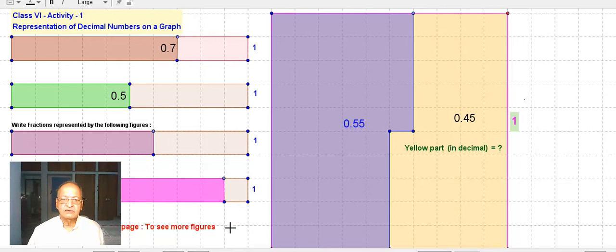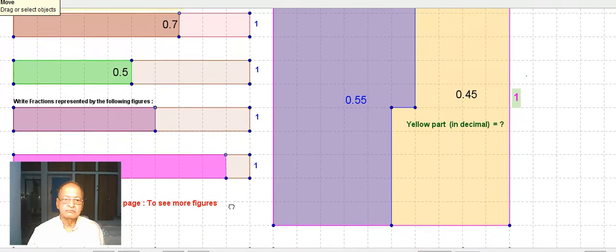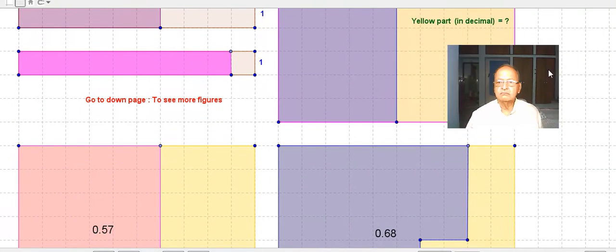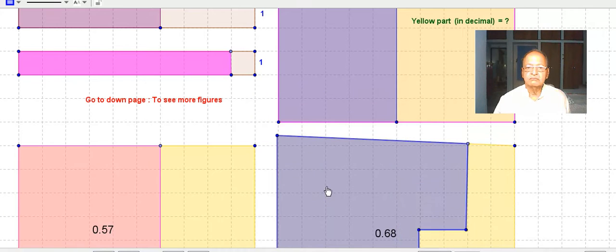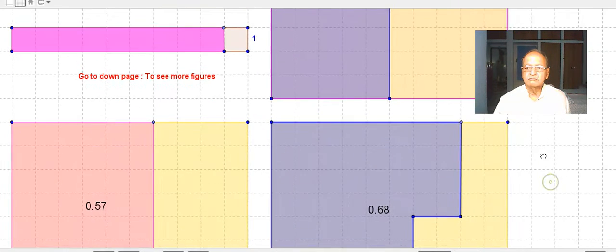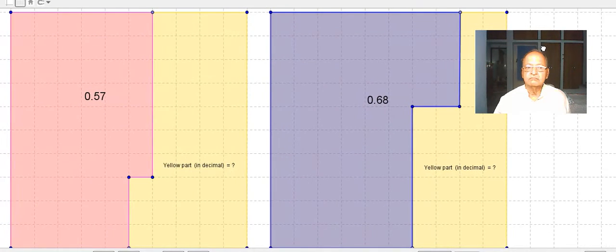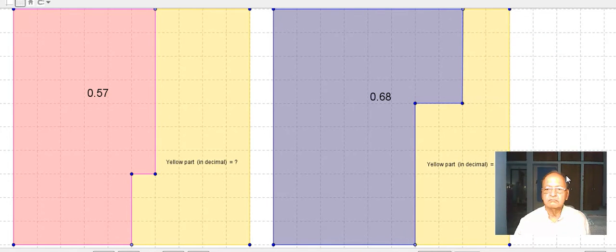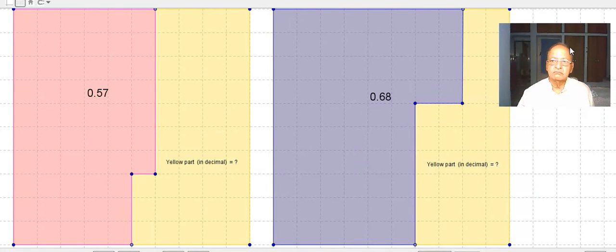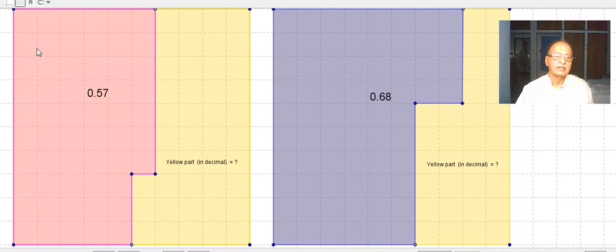Now suppose we want to learn more. Here we have shaded one portion pink and the other yellow. Now we can count.